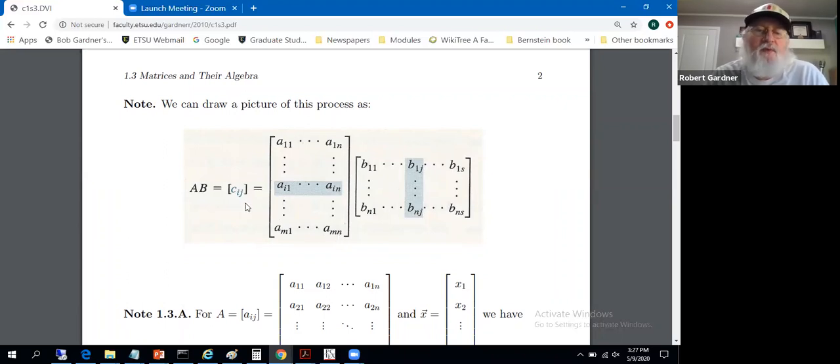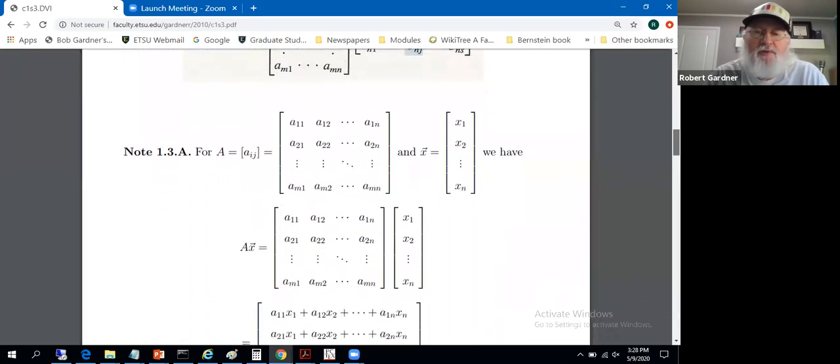If we want to find the ij entry of the product, we'll take the ith row of A and dot it with the jth column of B. So that'll be a_i1 times b_1j, first one times first one, plus second times second, up through last times last. Do you run out of A's at the same time you run out of B's? Yes, there are n of these A's and also n of these B's. That was the dimension constraint. Here it is in terms of a picture.